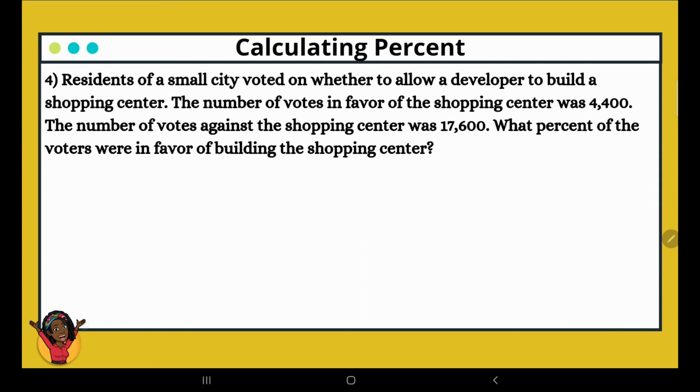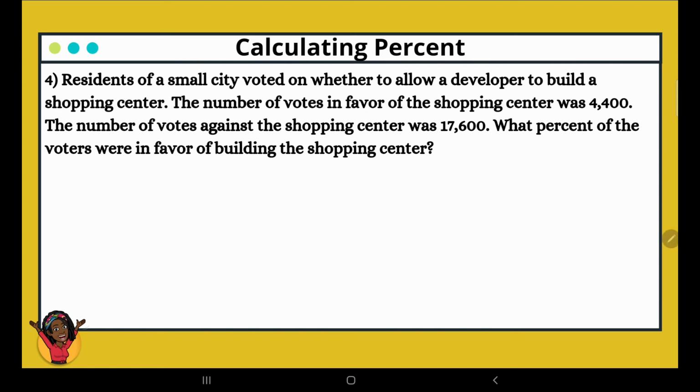Residents of a small city voted on whether to allow a developer to build a shopping center. The number of votes in favor of the shopping center was 4,400. The number of votes against the shopping center was 17,600. What percent of voters were in favor of building the shopping center?